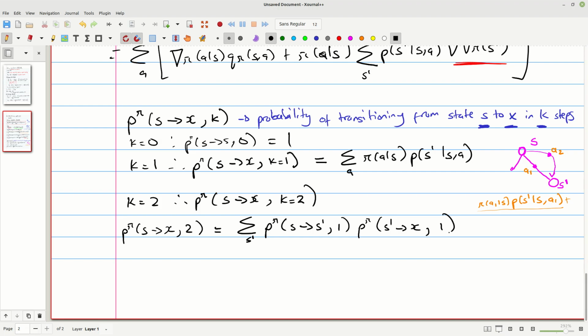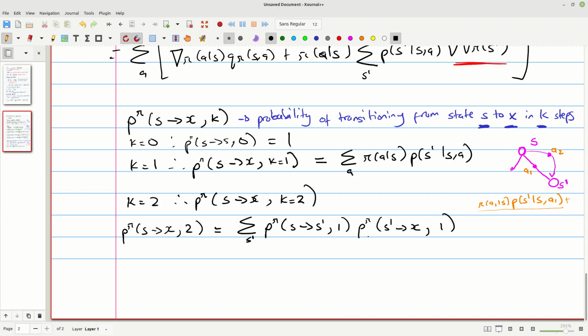So for all possible intermediate states, the probability of transitioning from s to x in two steps is the probability of transitioning from s to an intermediate state s prime in one step, times the probability of transitioning from s prime to x in another step.